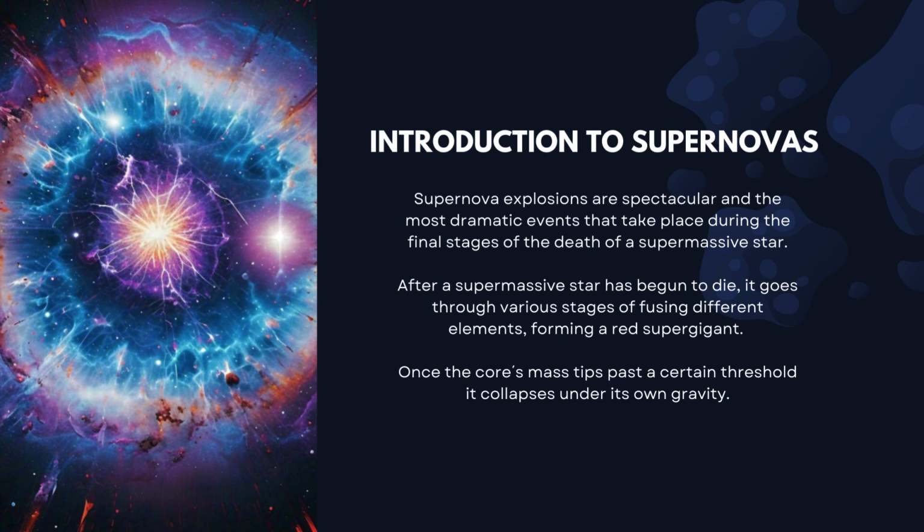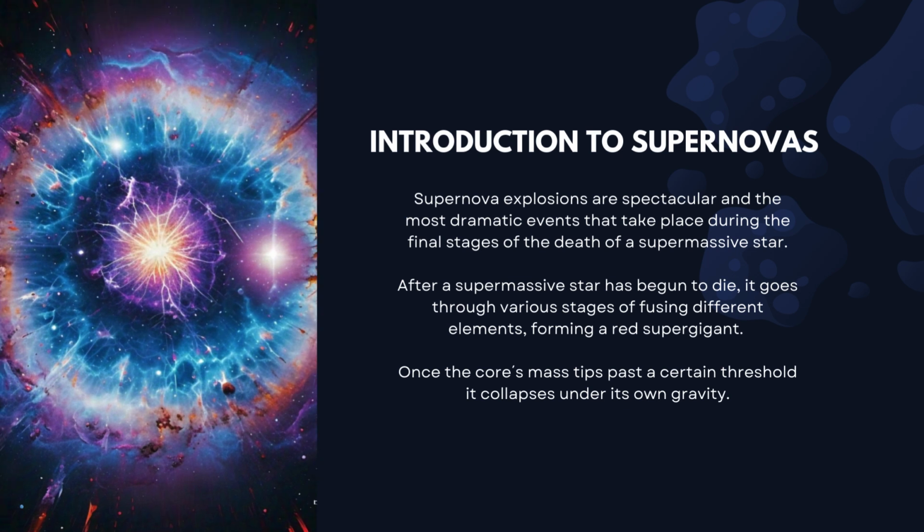Once the core mass dips past a certain threshold, it collapses under its own gravity. This catastrophic collapse leads to an immense release of energy, causing the outer layers of the star to be ejected into space in a brilliant explosion.